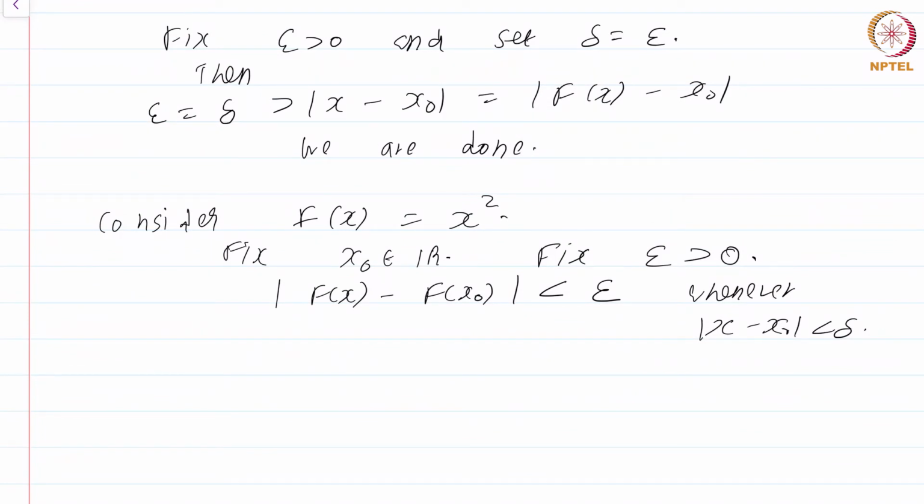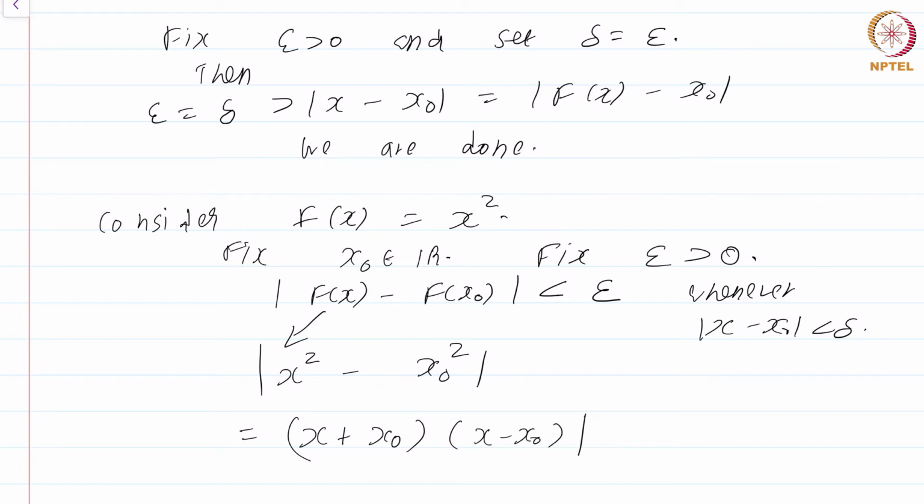Well, let's substitute what is happening. f of x is x squared and f of x naught is x naught squared. So we have to somehow find a delta such that mod x squared minus x naught squared will be less than epsilon. But x squared minus x naught squared, I can write as x plus x naught into x minus x naught, the modulus of this.